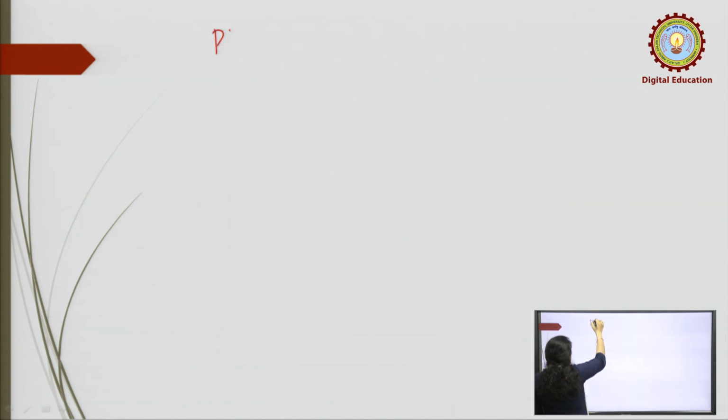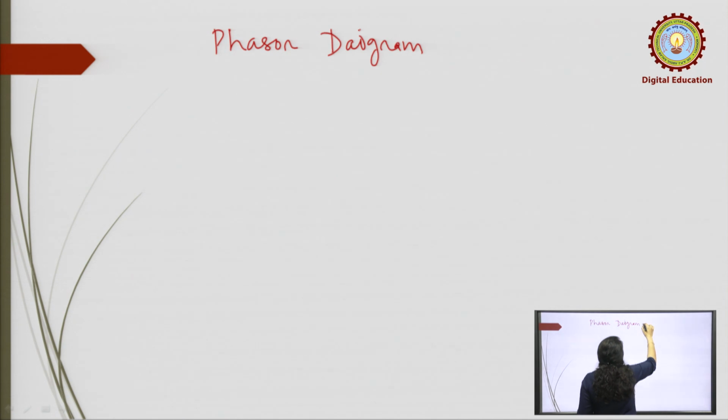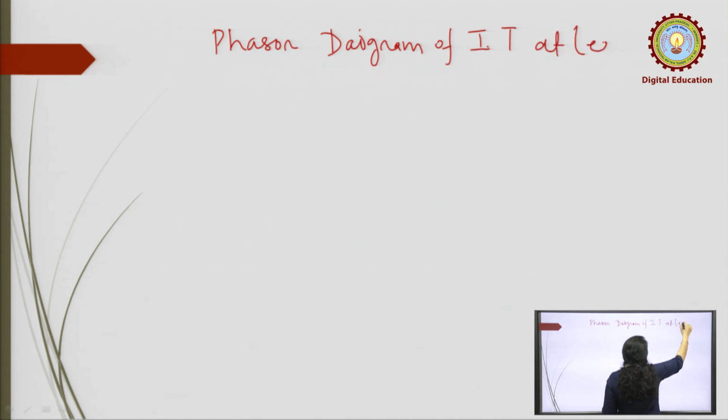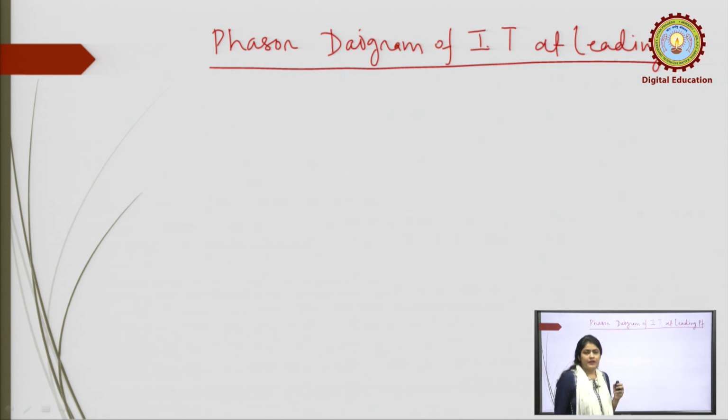We will see the phasor diagram of an ideal transformer at leading power factor, when your load is leading in nature. That means the current is leading with the voltage. Okay.